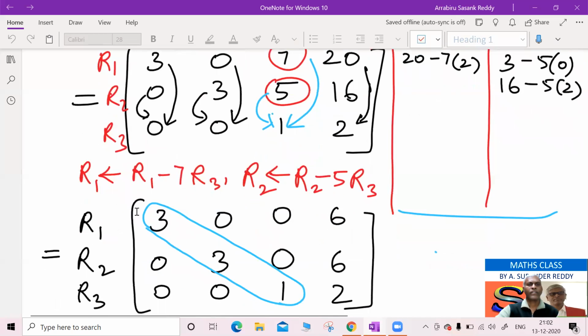So R1 minus 7 R3, you get the entire first row: 0, 0, 3, 6.